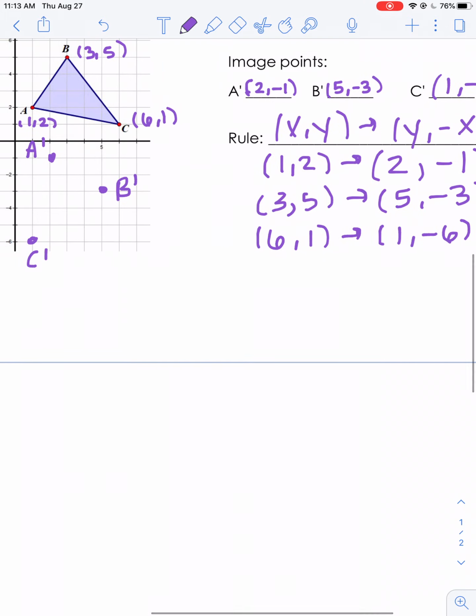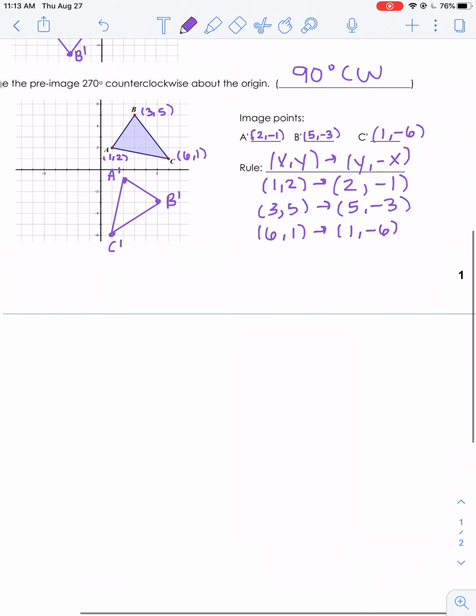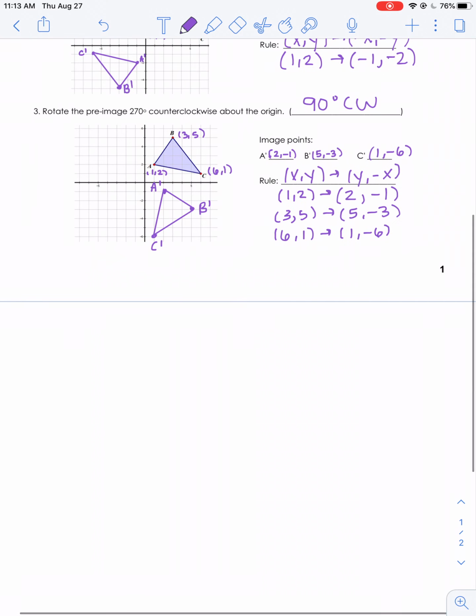And connect those points. And there's the rotated triangle 270 degrees, right? And we notice B has transformed to here, all the way around here. See how this triangle has also twisted on itself as well.